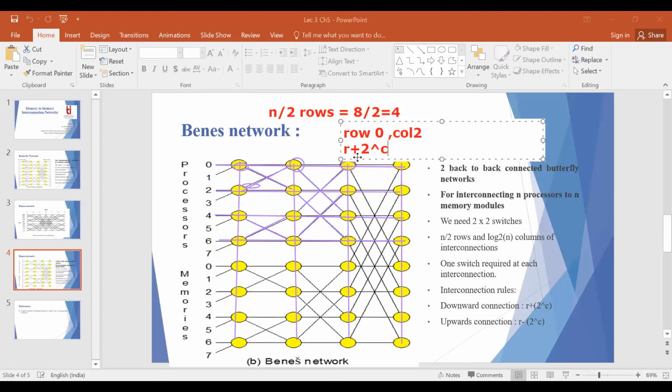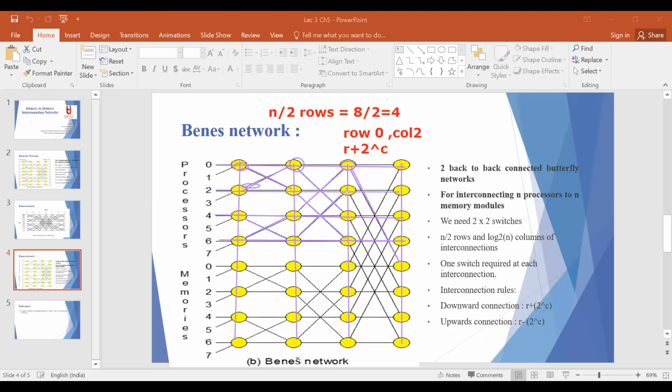So this becomes 0 plus 2 raised to the power 2, which gives me 4. So row number 4 is the cross connection now. So row 4, 0, 1, 2, 3, and this is the fourth one. So this comes here. Right?